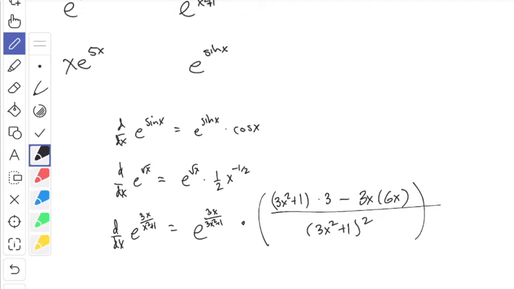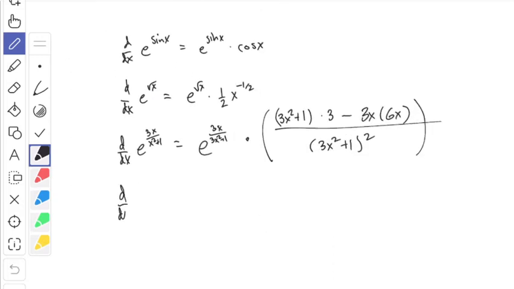And then how did you handle x times e to the 5x? Yes, you did the product rule. There are different ways to write the product rule, but I would say it's the first thing times the derivative of the second part.